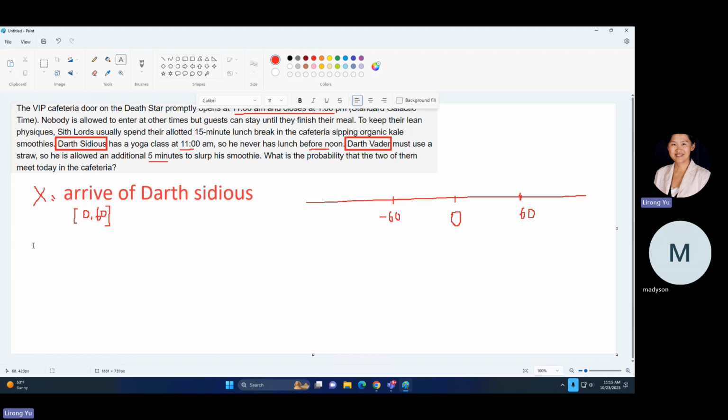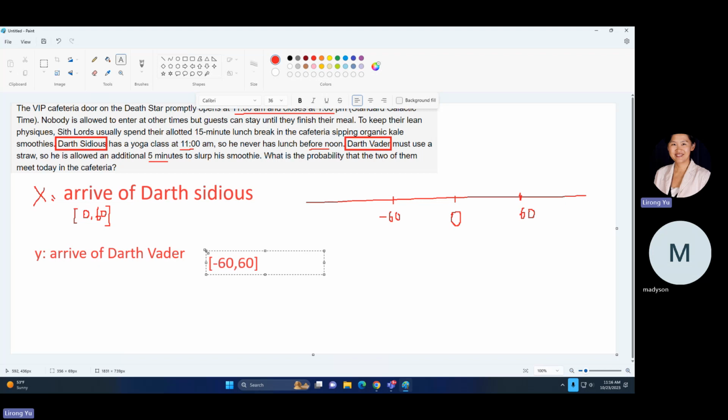The second person, we're using Y for the variable notation. This is a small letter. So Y is the arrival time for the second person. This Y value can be anywhere from negative 60 to positive 60.